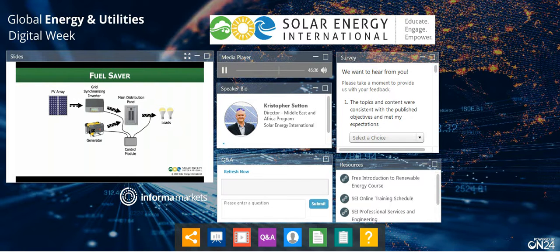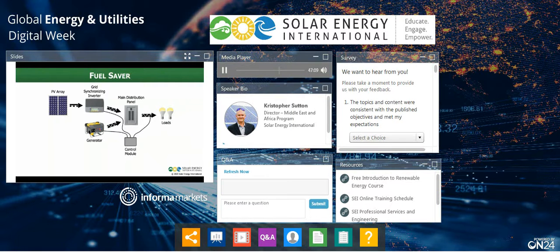And then one last type I'd like to look at here, something that you've started to see over the years, is what we call a fuel saver. The term was originally made by one company, but the idea is that we take a grid synchronizing inverter, similar to any of our grid-tie with no battery that we discussed. What we need to make that inverter come on is a stable AC voltage and AC frequency.